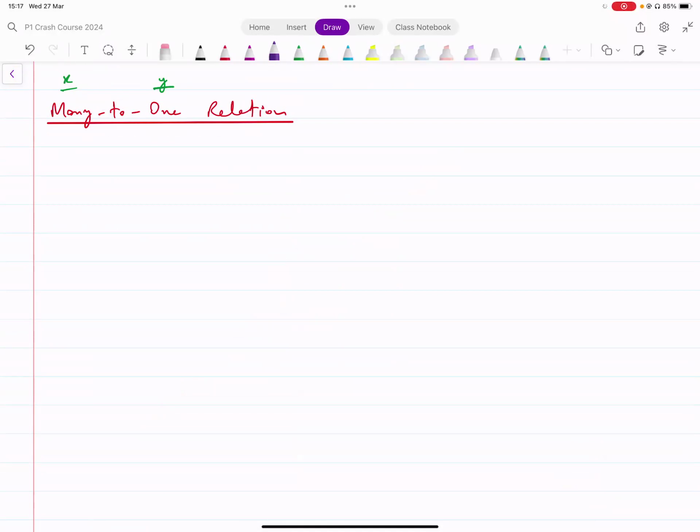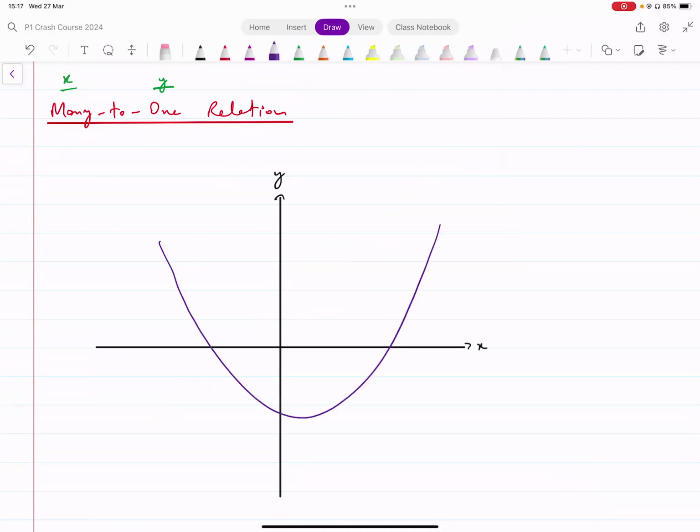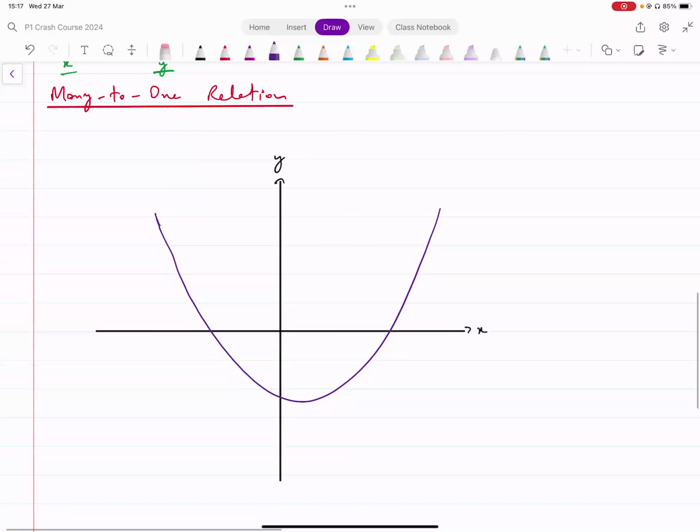You could have a function like this, for instance. If you have x and y axes looking like this, this is y axis, this is x axis, and you have a function like this, which function has a graph like this? Quadratic function, right? Quadratic function graphs look like this, right?